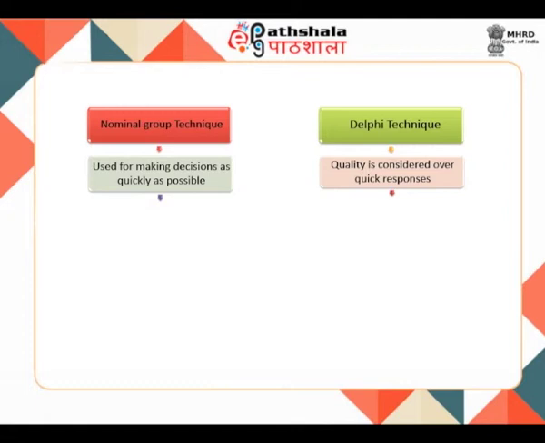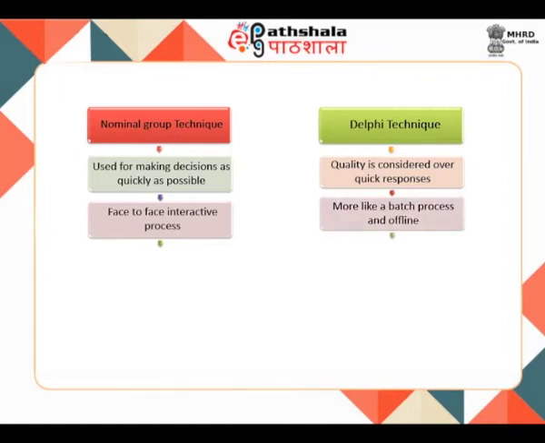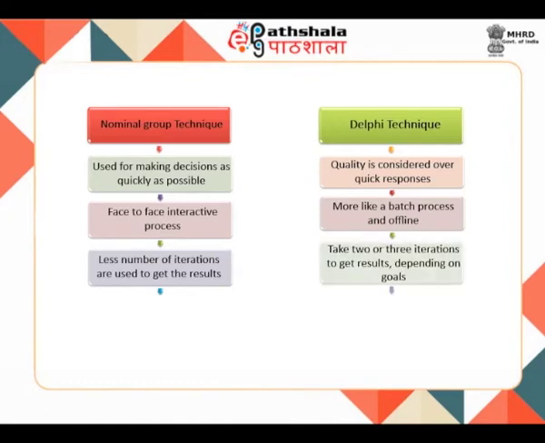Nominal group technique is a face-to-face interactive process, whereas Delphi technique is more like a batch process and offline. In nominal group technique, fewer iterations are used to get the results. Delphi technique may take 2 or 3 iterations to get results, and they may depend upon the goal for which the technique has been adopted.